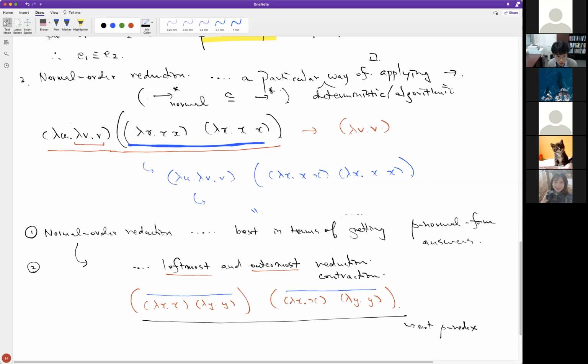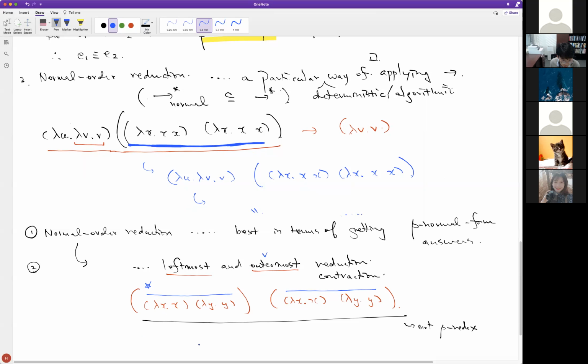They are not in a nested relationship at all. So this outermost criterion doesn't really tell us which one to contract first. But in such a situation, normal order reduction says always pick the leftmost one. So if you follow this leftmost reduction strategy, then we reduce the argument one first.